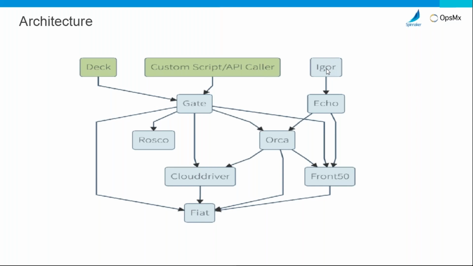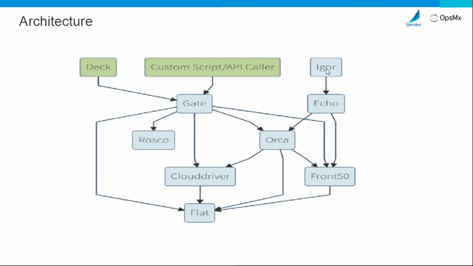And Echo is the eventing bus, which is usually for the notifications. So this is the service that is used to send out all the notifications from Spinnaker. If your deployment is completed, that sends out a notification.